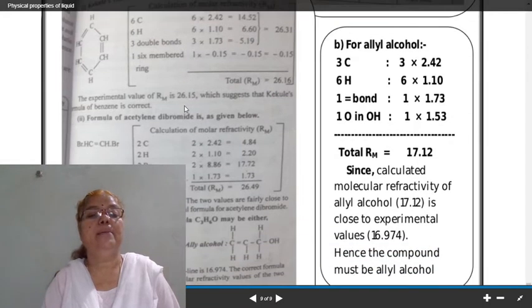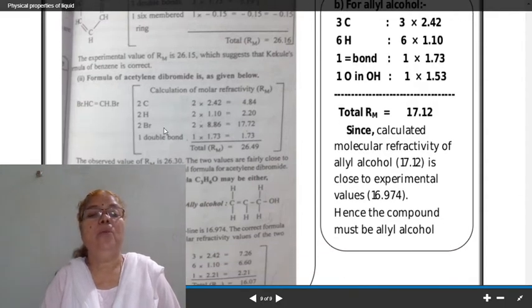Then see another example of acetylene dibromide, and the formula of acetylene dibromide is HCBr double bond HCBr, and here we calculate the molar refractivity, that means the Rm value.